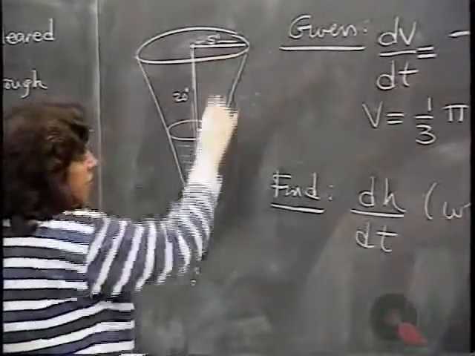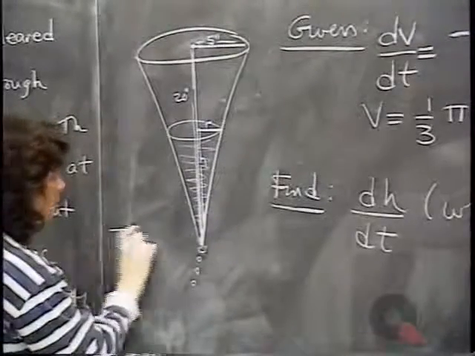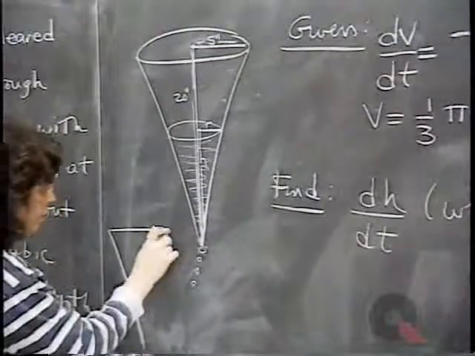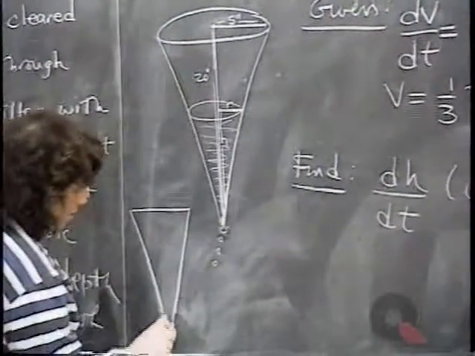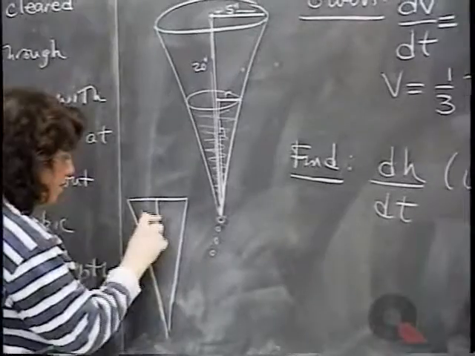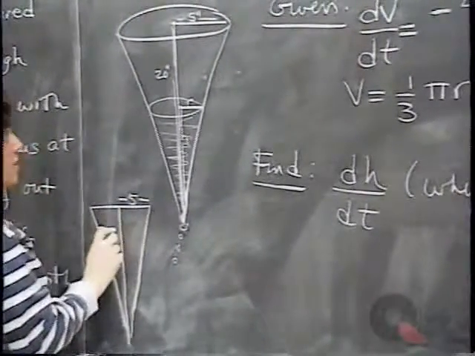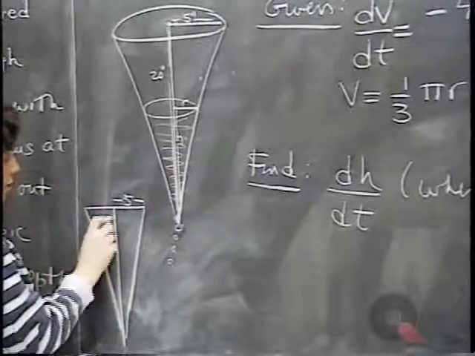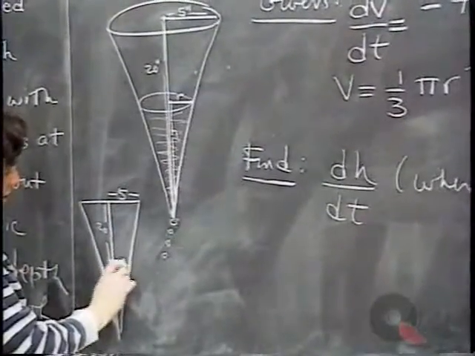It's a little confusing to look here. Let's just draw a cross-section of the cone. We had, this is 5 inches, and this is 20 inches. Now, let's say there's this much liquid in here.